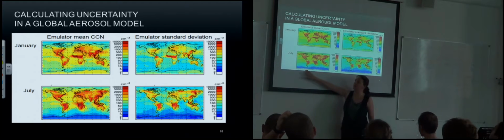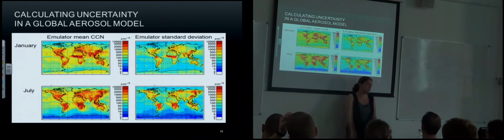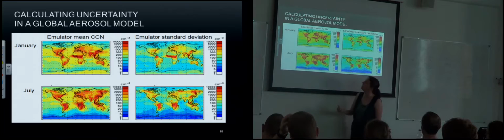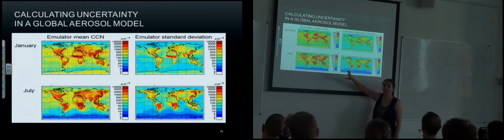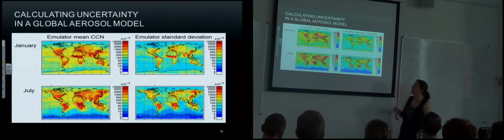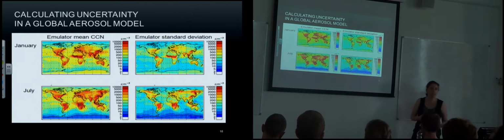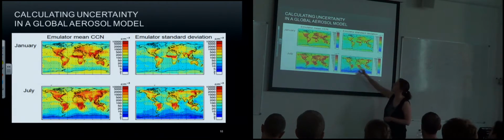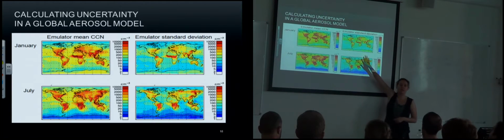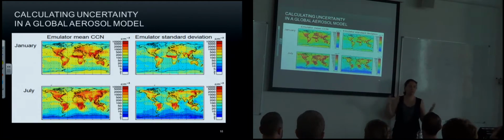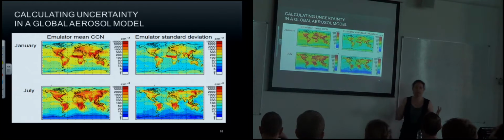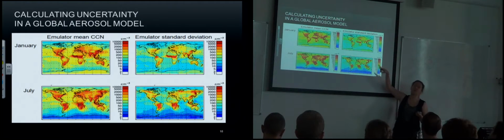Not much aerosol over the Antarctic, and it's hemispherically seasonally dependent. So we managed to get what we would expect from emulating rather than simulating. But what we get on top of it is the uncertainty bars from the uncertainty in those 28 parameters. I've called it emulator standard deviation.